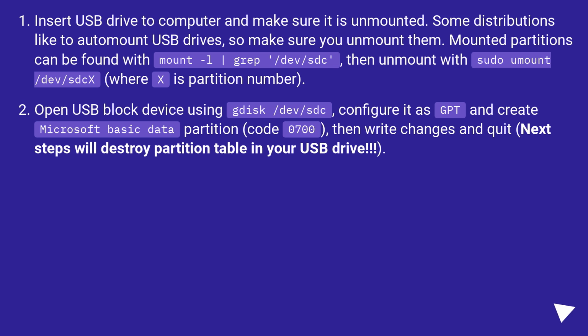Open the USB block device using gdisk /dev/sdc, configure it as GPT and create a Microsoft Basic Data partition, code 0700, then write changes and quit. Next steps will destroy the partition table on your USB drive.